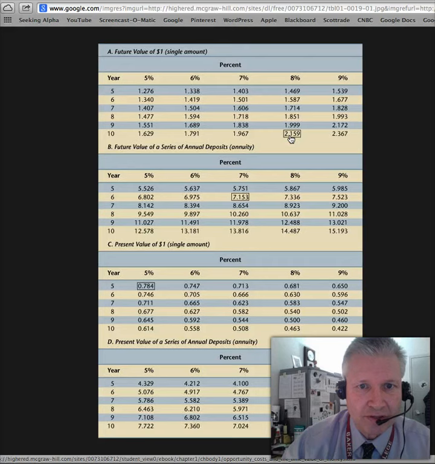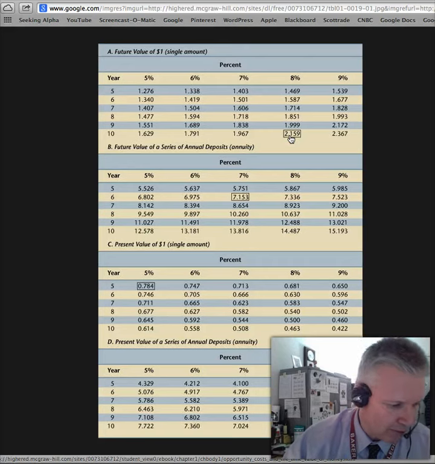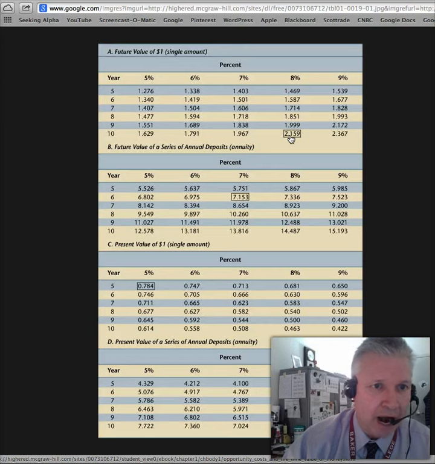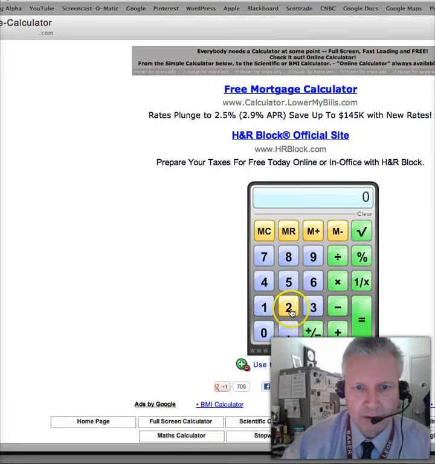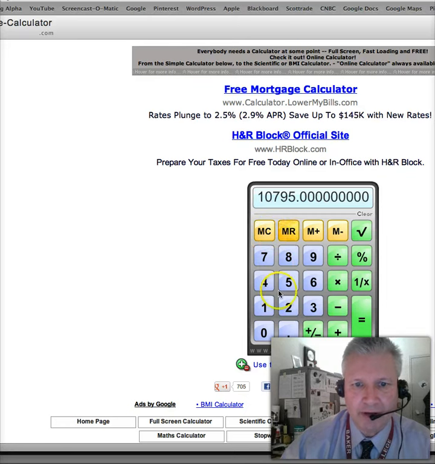All we need to do is take that factor and multiply it by our lump sum of money. So our factor is 2.159, multiplied by 5,000, the amount of money we were starting with. That's $10,795.